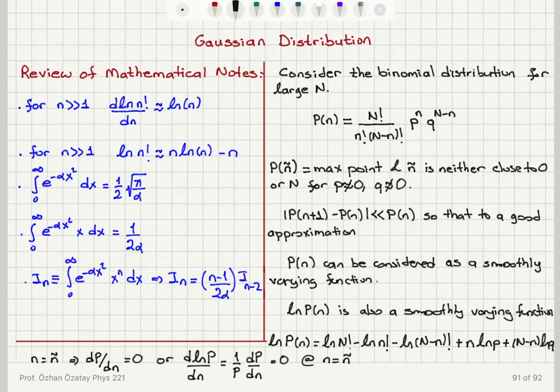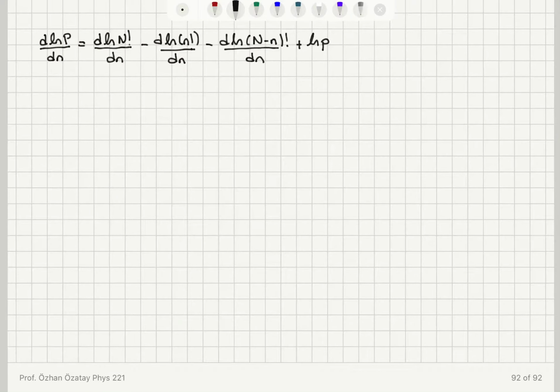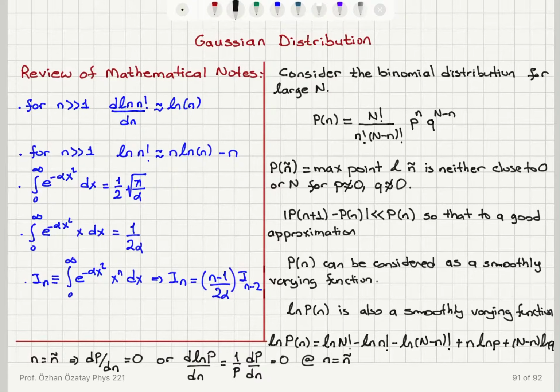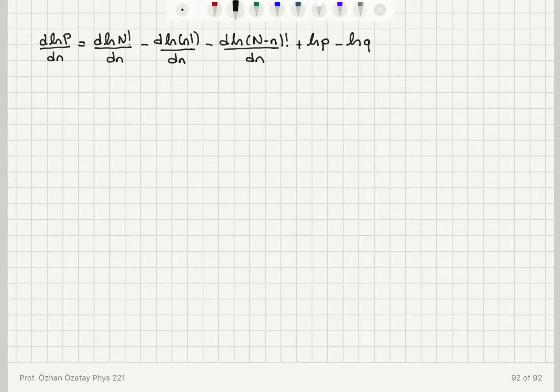And then I have in parentheses capital N minus n, the derivative will give me a minus 1. So minus the natural logarithm of q. So I have used the expression that I obtained for the natural logarithm of P in order to write the derivative.